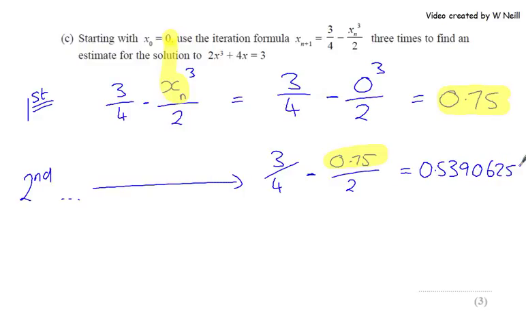Now you could, this would be a cube there, you could go again, 3/4 take away 0.53 and write the whole thing, cube it and divide it by 2.